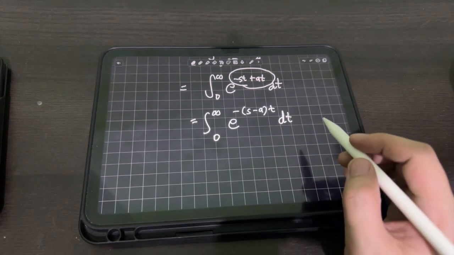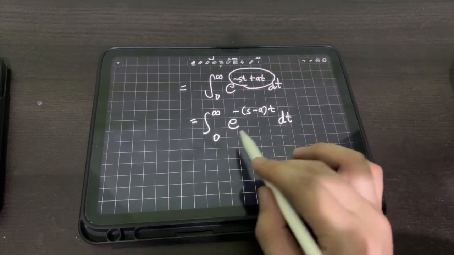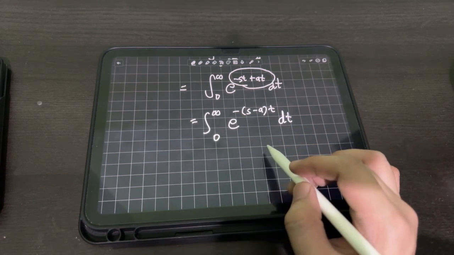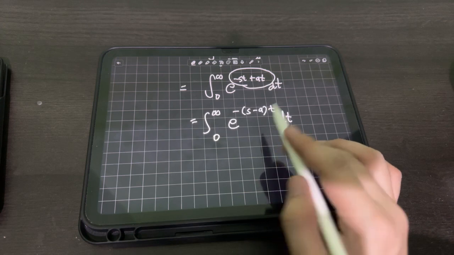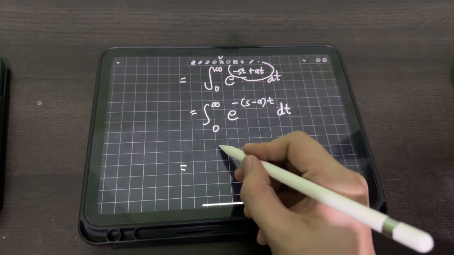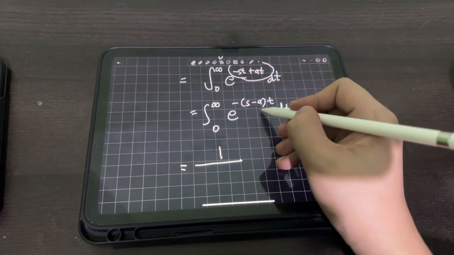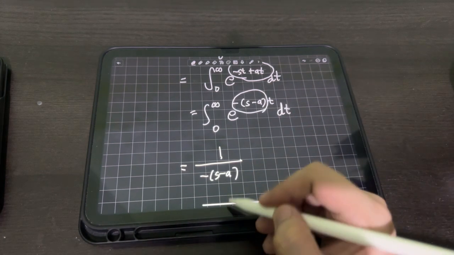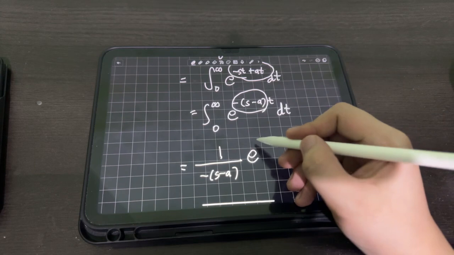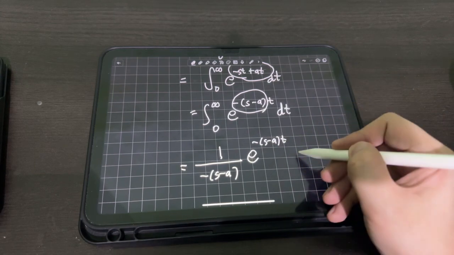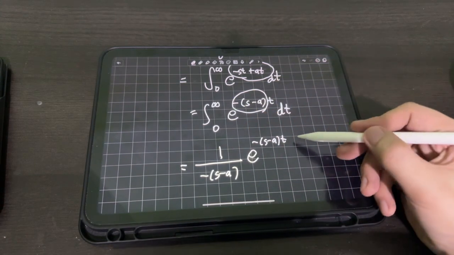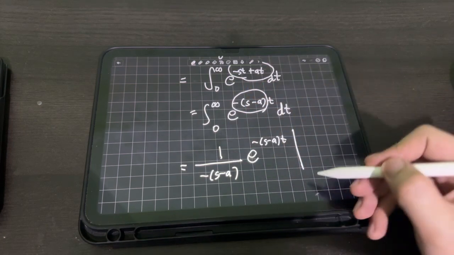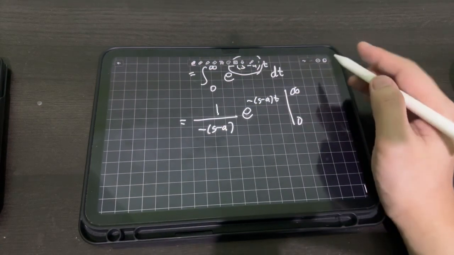So applying the formula in problem number 1 for the integral of e to the negative s minus a times t, it's just equal to 1 over the coefficient. There will be this negative quantity s minus a, then times e to the negative s minus a times t. So since it's a definite integral, we need to evaluate this from 0 to infinity.